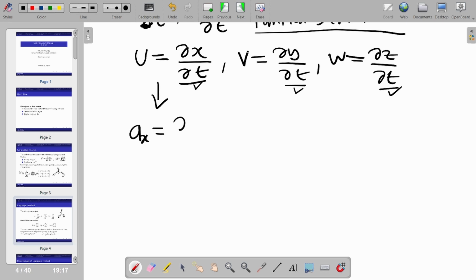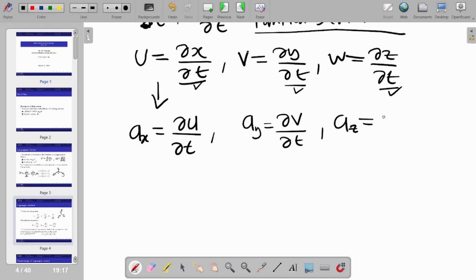This will be given by the partial derivative of u with respect to time. Then the acceleration along the y-axis will be given by the partial change of v with time, plus also the acceleration along the z-axis, which will be given by the change in w with time.